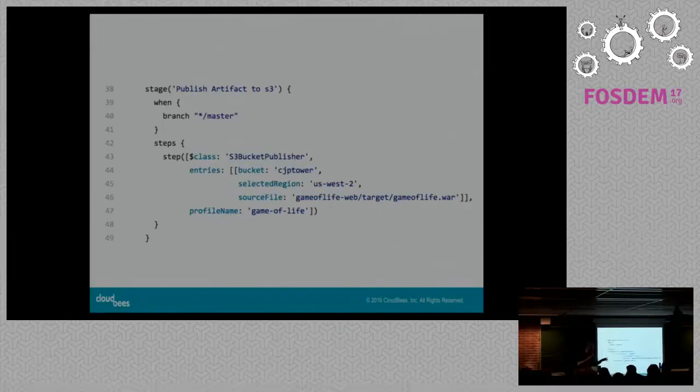If the branch that we're on currently matches the pattern that we've given it, in this case master, then we're going to publish our artifacts to S3. If we're on a pull request branch or a feature branch or something like that, well, we're not deploying it, we're not going live with it, so we're not going to publish to S3. So we've got that conditionality in what I think is an easier way than we've had previously.